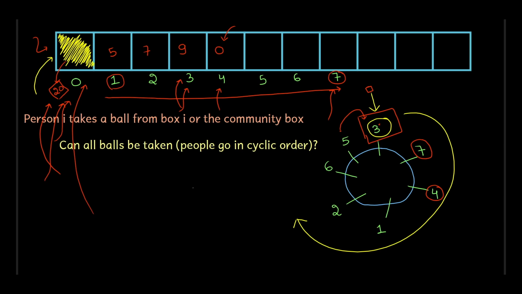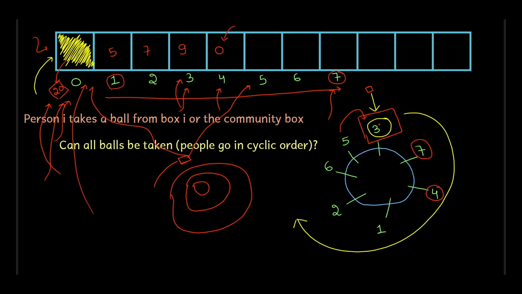Now once the game is going around in a circle, this is what the first round will look like, this is what the second round will look like, this is what the third round will look like, and so on. So if it so happens that on the fourth round the game is continuing, but this person is not able to select any balls, because their own box is empty and the community box is also empty, then we say that these persons will not be able to finish this game, because there could be other balls remaining inside some person's boxes.